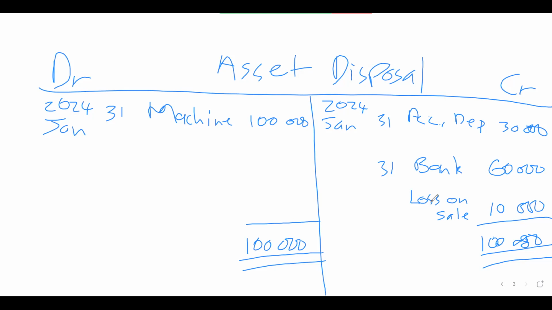So let's summarize now. With the asset disposal, if there is a loss on the sale of the asset, how do we know it? We know if the debit side of the asset disposal is bigger than the credit side. If that is the case, it means we have a loss on sale of the asset, which has to be put on the credit side of your asset disposal account.